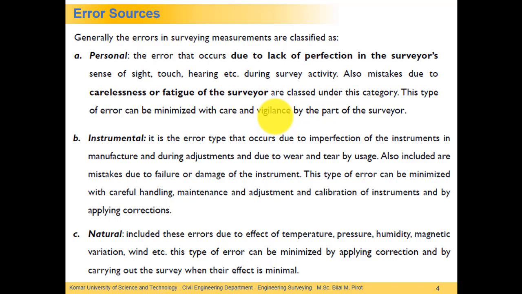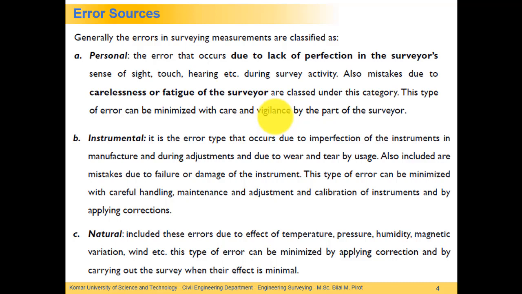Another type of error is called instrumental errors. This type of error is due to the imperfection of the instruments. For example, when you use a level instrument or a total station, the level instrument may not be perfect. So in this case, while you are reading something, there will be a mistake in that reading.